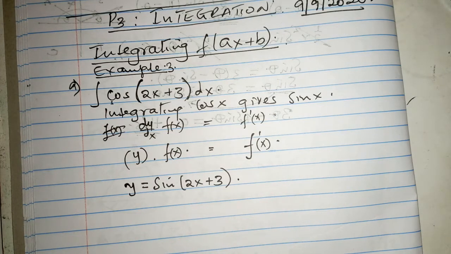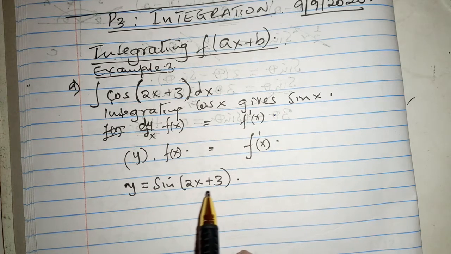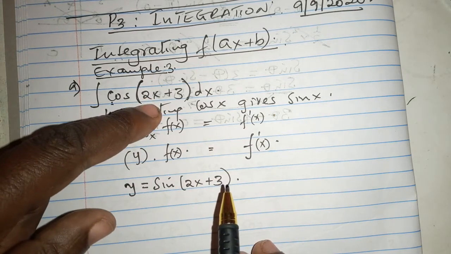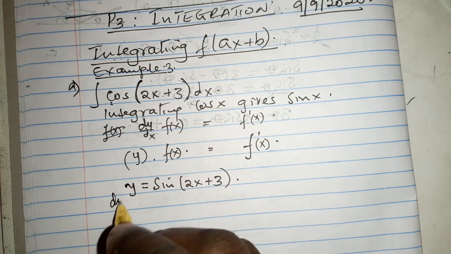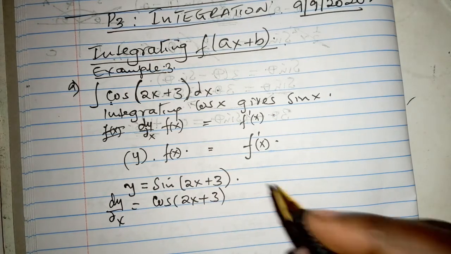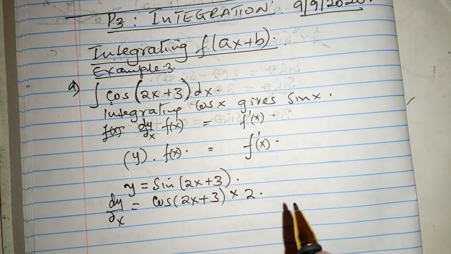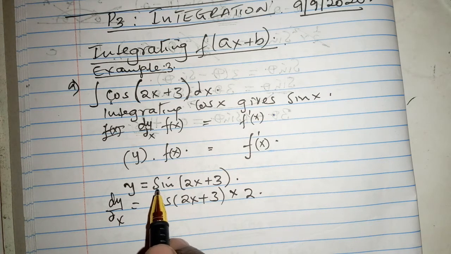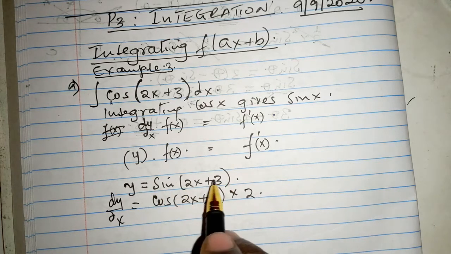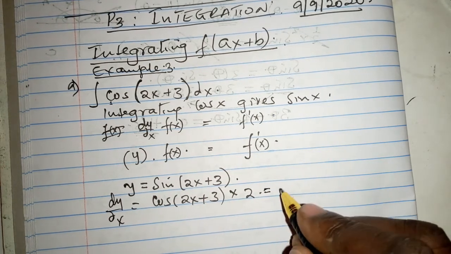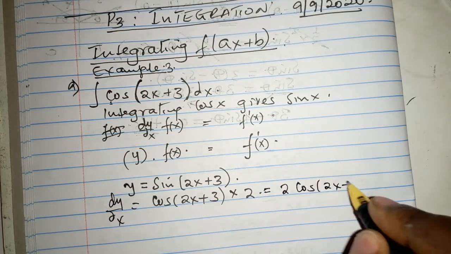So let us differentiate sine of 2x plus 3 to see if it gives cosine 2x plus 3. dy/dx is cosine of 2x plus 3, times 2. Why times 2? Because the chain rule demands that we take the differential of the entire statement multiplied by the differential of the internal term that has x. So this gives us 2 cos(2x plus 3).